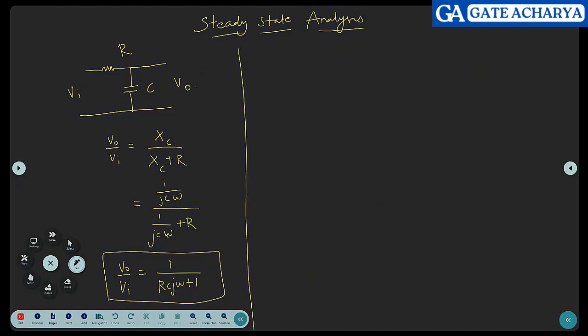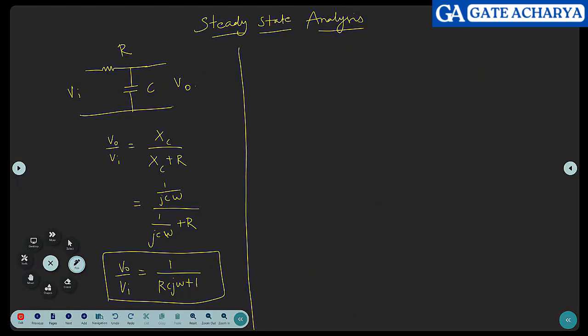So how did I get the XC by XC plus R? Potential divider equation. Two impedances are there. This impedance divided by total impedance. This impedance divided by total. What is the impedance offered by capacitance? XC, which is 1 by J C omega. So XC divided by XC plus R. That's how I got this equation.